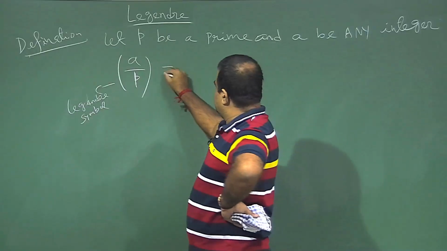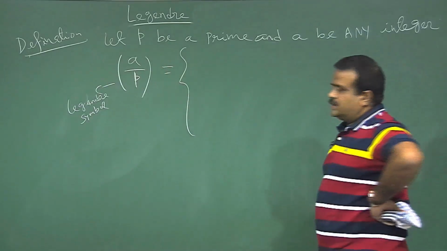So, this basically has three possible values.